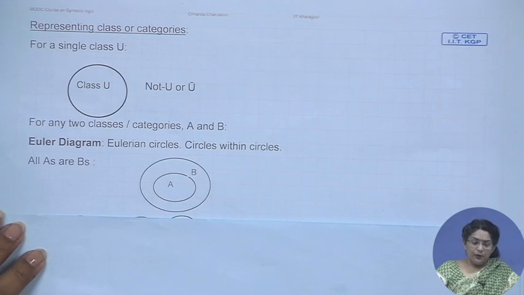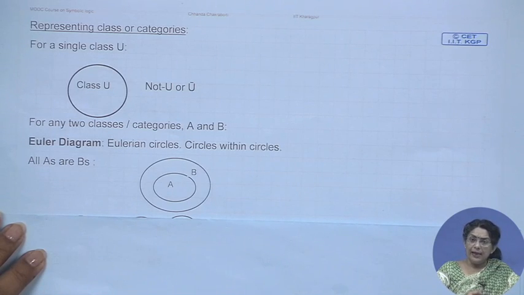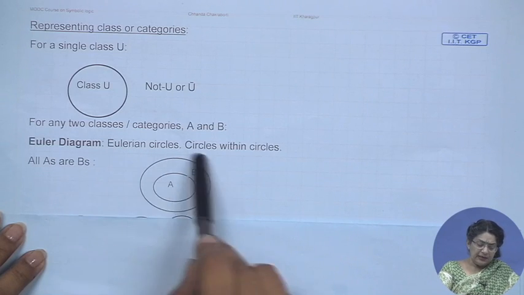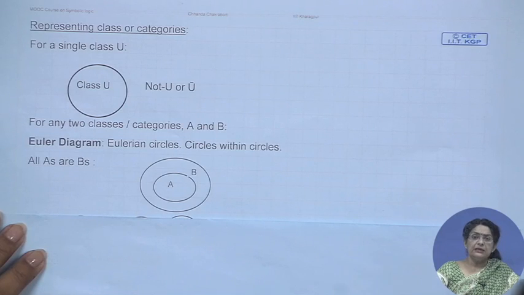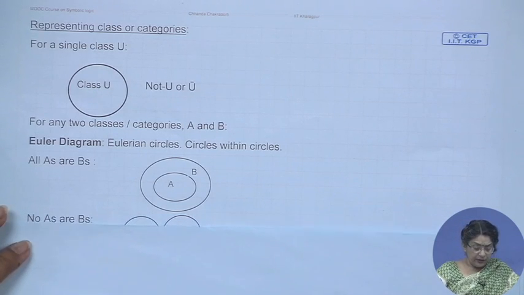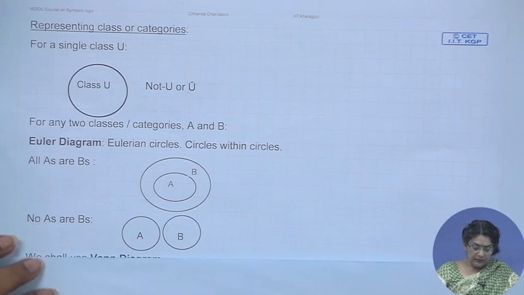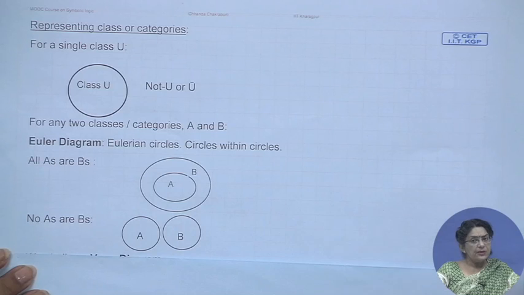This is, for example, the Eulerian representation of all A's are B's, where B is the larger class and A is the smaller class that is included in it, right. And in Eulerian diagram, if you are trying to understand no A's are B's, it is probably like this, that they have no connection. So, circles, but not one within the other, separated out. So, no A's are B's.